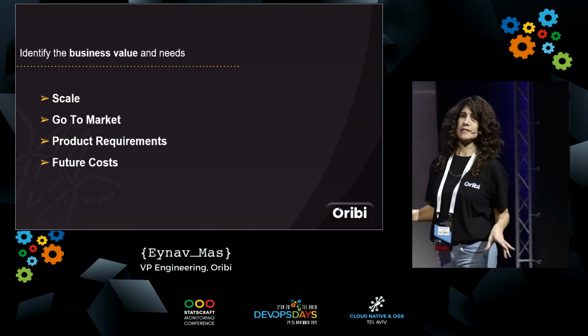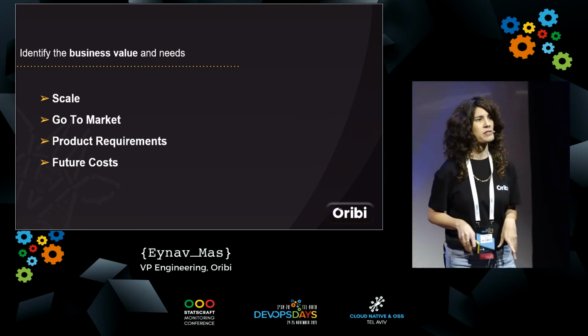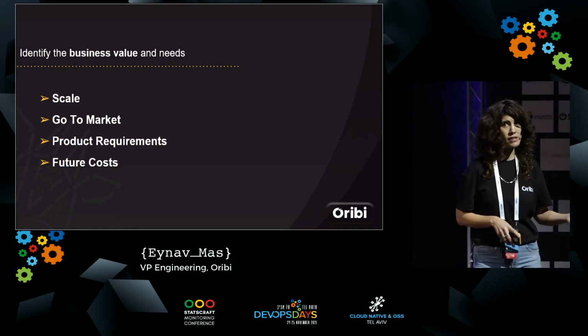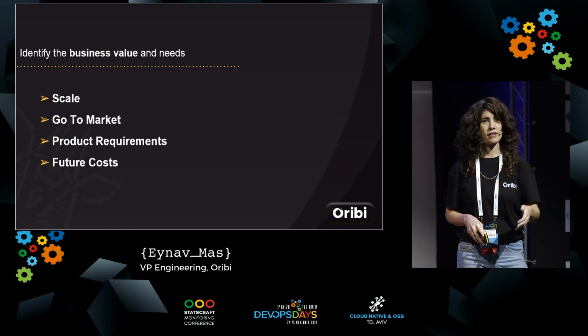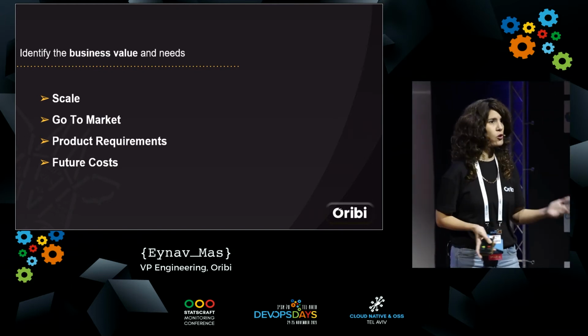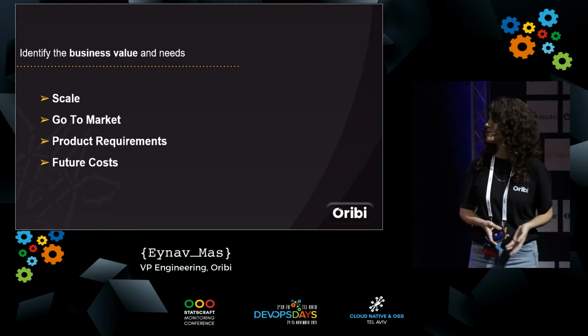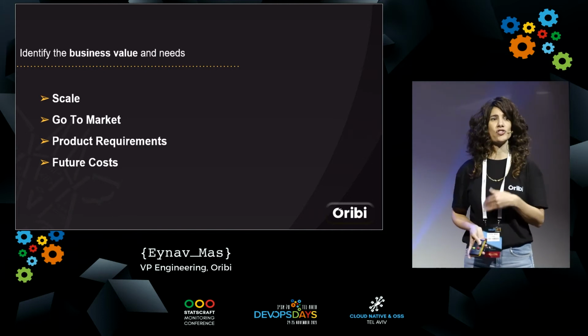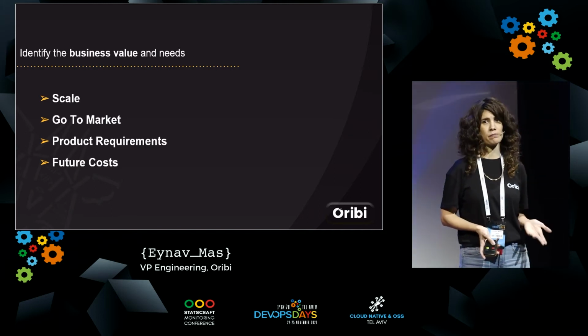A few takeaways from that. When we look at business value, there are several parameters you should take into account. Scale, we talked about it. Try to get even deeper in the scale to see not only customer base, but also other metrics like usage. Go to market: sometimes the business will change in a way that can affect the data plans.